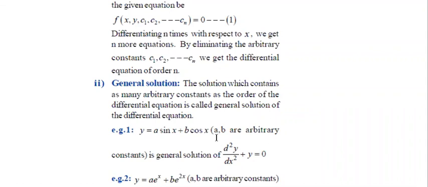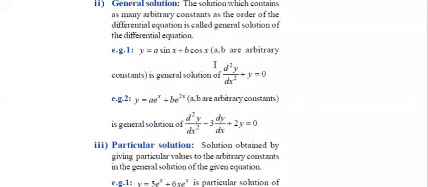Here a and b are two arbitrary constants. Similarly, y is equal to a e power x plus b into e power 2x, where a and b are arbitrary constants. Do the derivative two times. What is the order of the differential equation? 2. How do we know that? There are two arbitrary constants.